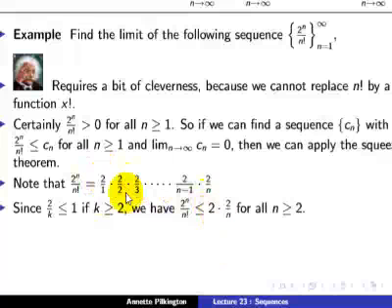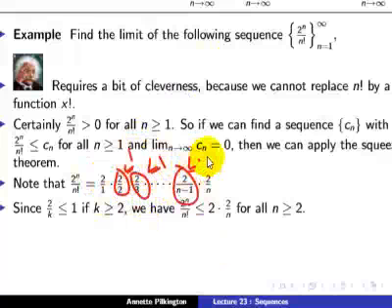Notice that these terms are less than or equal to 1, less than or equal to 1, less than or equal to 1, right? Whenever n is greater than or equal to 2, this one is less than or equal to 2 times 2 over n. I hope you understand.